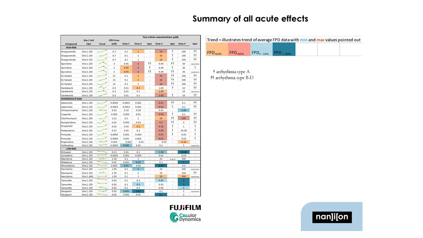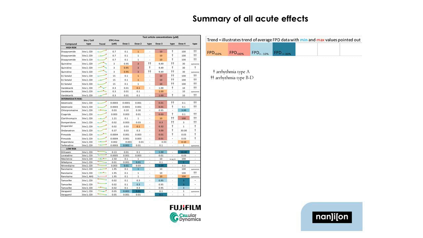This is the summary of all acute effects from all sites. So here are the high-risk compounds, intermediate and low-risk compounds. And for example, those trend lines here are basically a graphical depiction of the concentration response action.